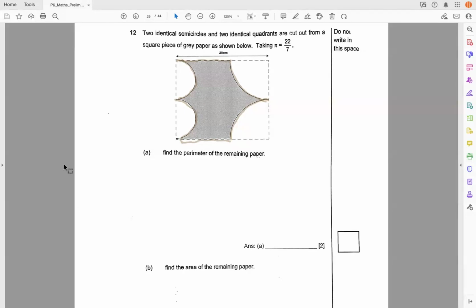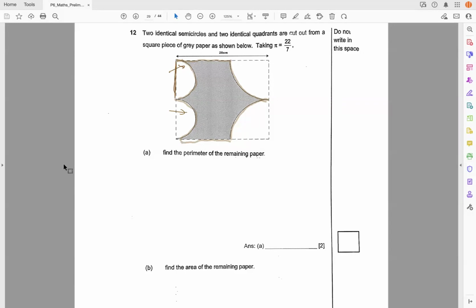Let's do the first one. Find the perimeter of the remaining paper. Okay, so let's look. So look at this. This plus this is actually one semicircle. No, sorry, one full circle. The circumference of one full circle. And the circumference of a full circle is pi times diameter.